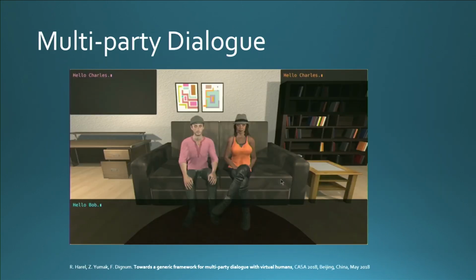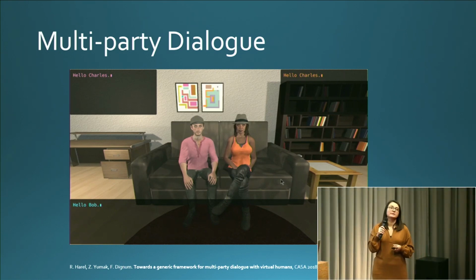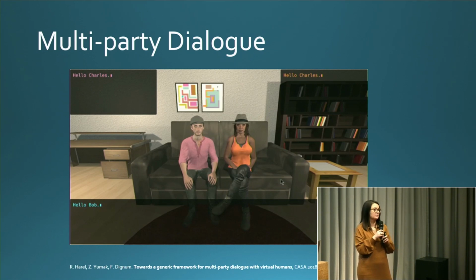And finally, I also worked on multi-party dialogue. That was a work on social practices theory, which is a social theory. Simply, I can explain it like when we are functioning in a social world, we have certain expectations of other people. For example, if you shake hands with someone, you also expect the other person to shake hands with you.